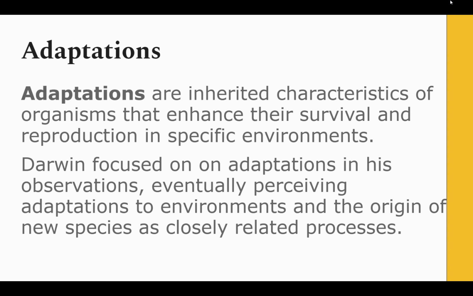It won't be as technical as some of the stuff we learned with gene regulation, but adaptations are inherited characteristics that help an organism survive and reproduce in specific environments. Specific environments is also a key phrase. Adaptations only work in the environment in which they are beneficial.